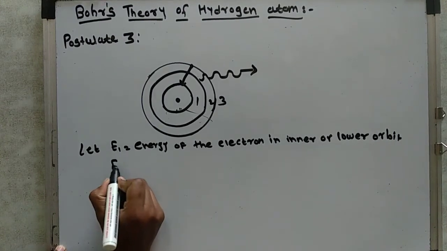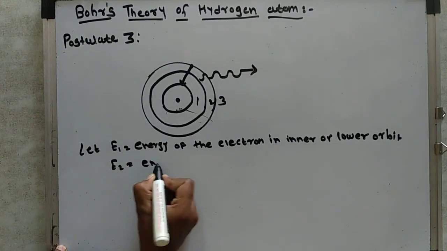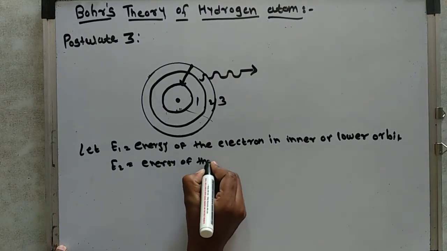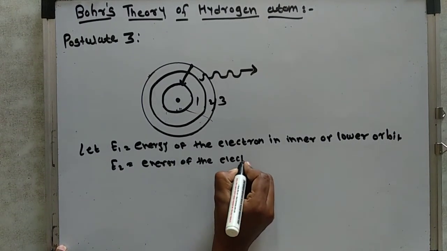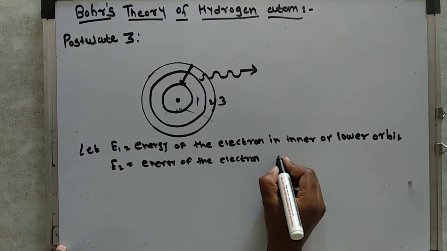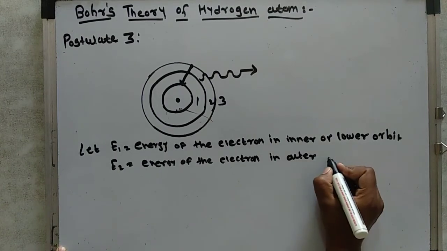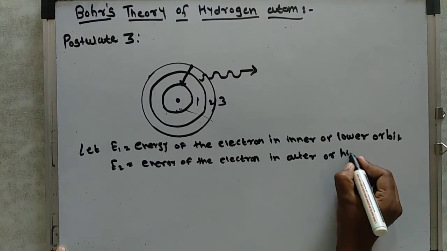E2 is equal to the energy of the electron in the outer or higher orbit.